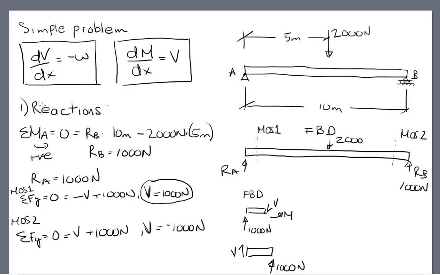But what other relationship did we show here that we can use? Well, that's your dM by dx equals V. Let's go back and think about this for a second.